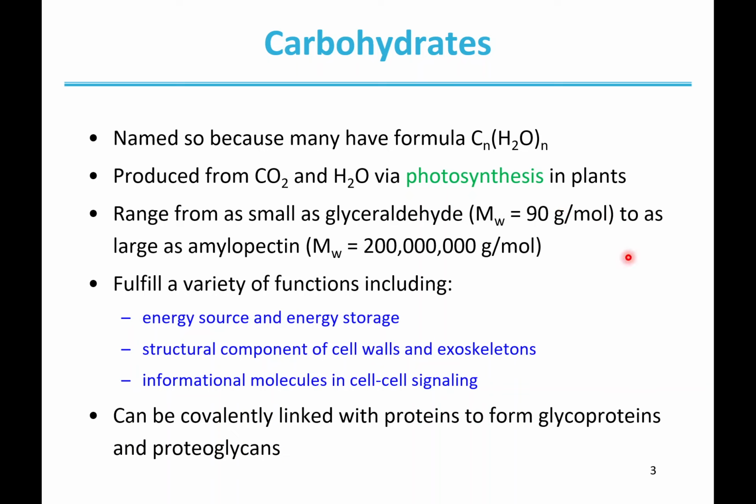And they can be as large as the carbohydrate amylopectin, which we'll talk about next lecture. Its molecular weight can be 200 million grams per mole, so enormous molecules, and then all the way in between those two, right? So structurally and size wise, these are a very diverse class of biomolecule.